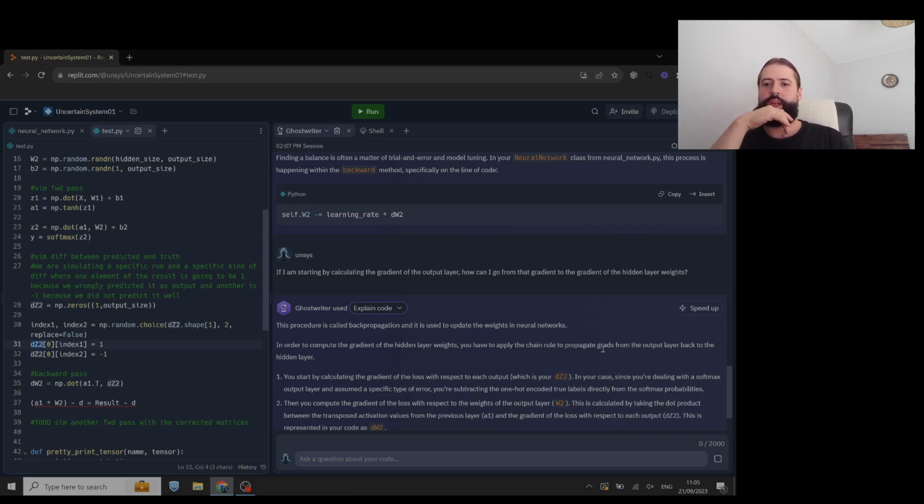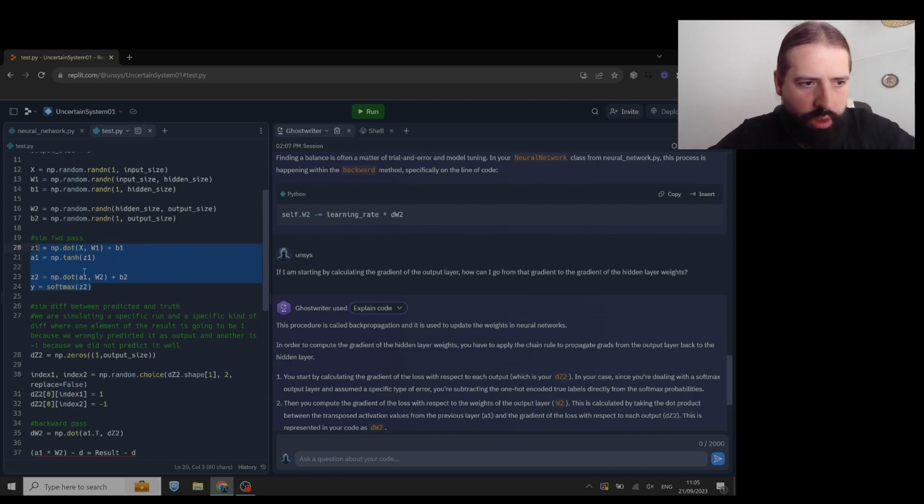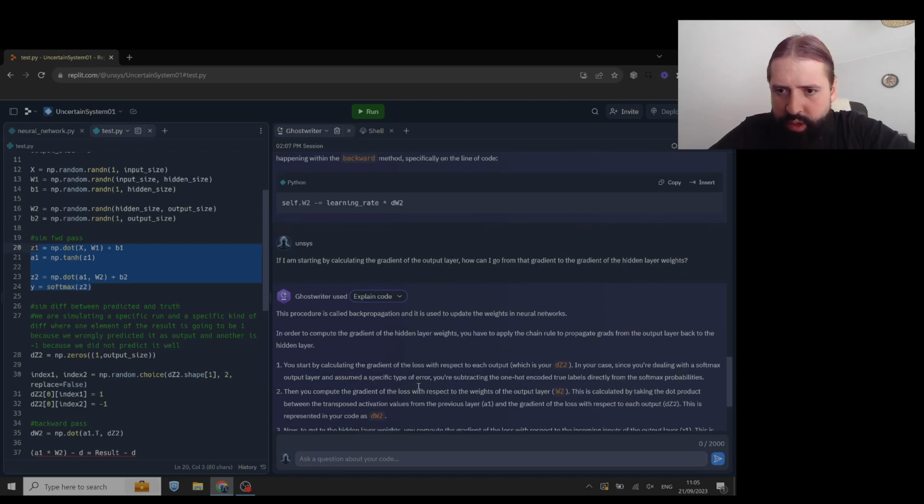Chain rule. So we're getting the chain rule. I guess this applies because of how the forward pass is built, because you have a multiplication of functions, and so the derivative of some of the elements; I have to recap what the chain rule really is telling me. Start by calculating the gradient of loss with respect to each output.